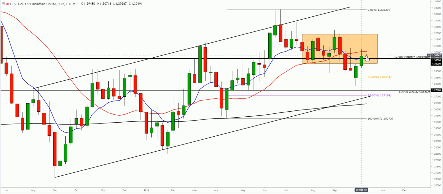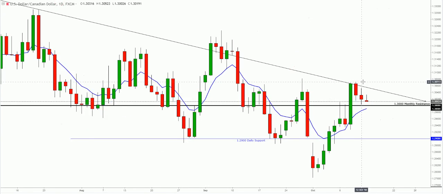Downside, should we continue to reject these moving averages and break back below the 1.3 level, then I do anticipate that we will see the 1.2750 weekly support being met.